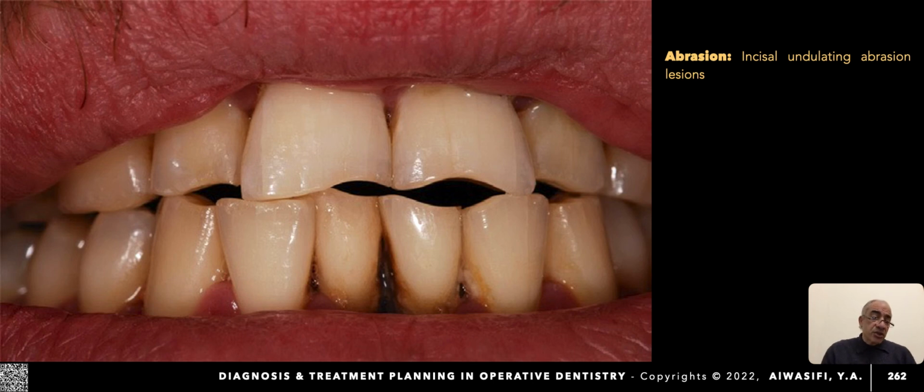In such a case, the patient should stop this habit and correct the occlusion, and according to the degree of damage, we could decide either on a direct composite restoration or a veneer, indirect or direct, and the type of restorative material according to the condition of the occlusion at this time.